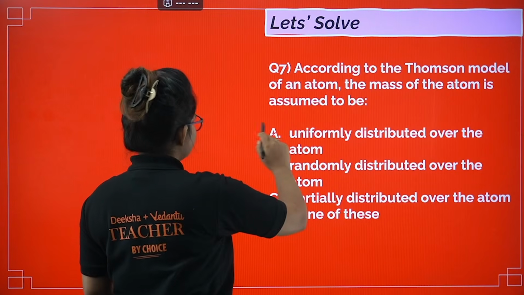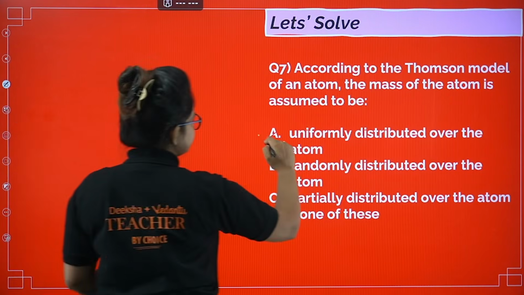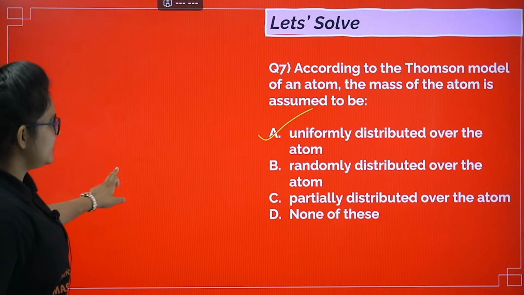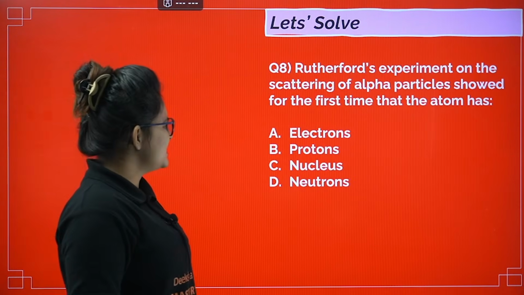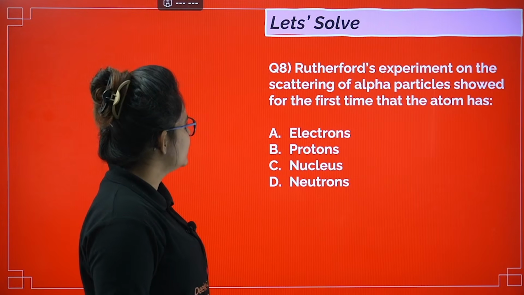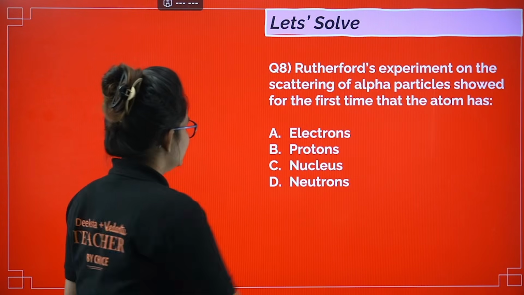Uniformly distributed through the atom, so let's mark it. Let's go ahead. Rutherford's experiment on the scattering of alpha particles showed for the first time that the atom has a nucleus.